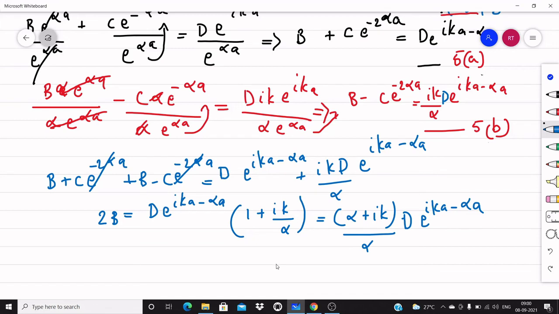Now let us just rearrange it. Take the 2 to the right hand side: b is equal to d by 2 alpha into alpha plus i k, into e raised to i k a minus alpha a. So let us call this equation 6a.